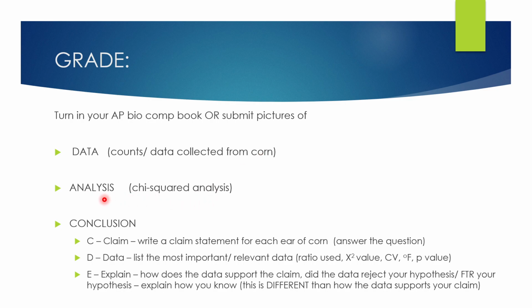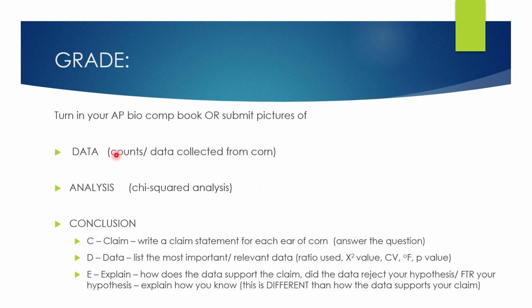Then you need an analysis. We need to do a chi-squared analysis on this to see if the information that we come up with is what we're expecting to come up with based on the parents that we chose. So for chi-squared analysis, we need observed and expected data.